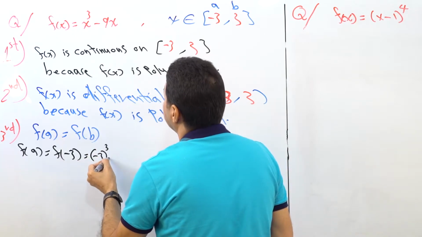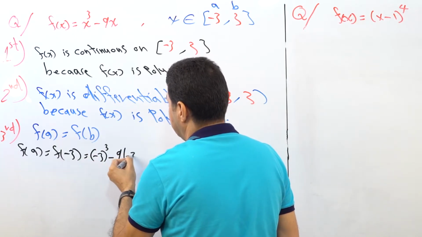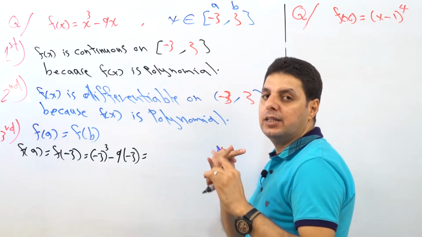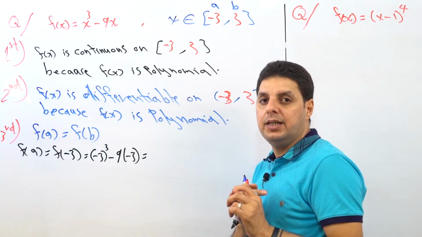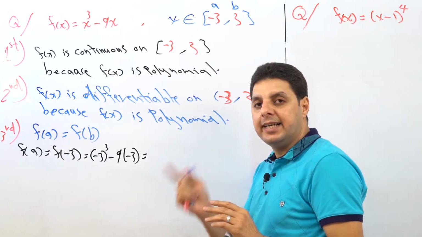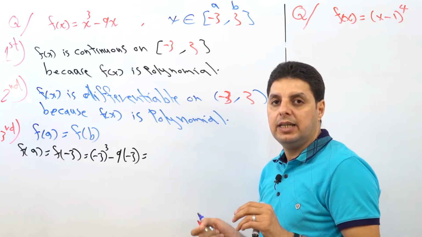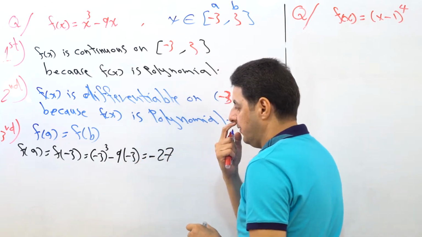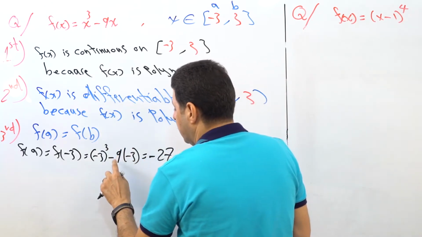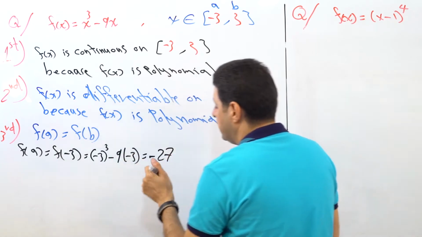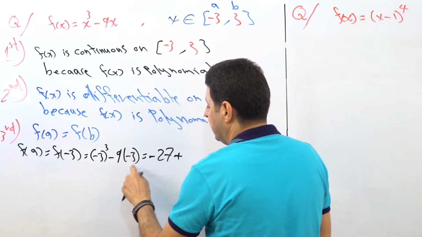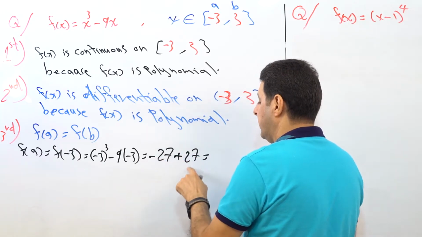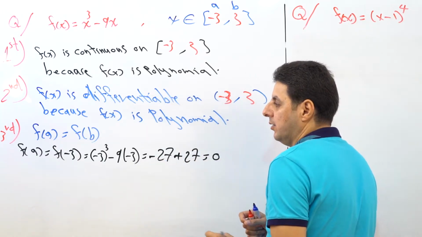Negative 3 cubic minus 9 times negative 3: negative 3 cubic is negative 27, and negative 9 times negative 3 is positive 27. Negative 27 plus 27 equals 0.